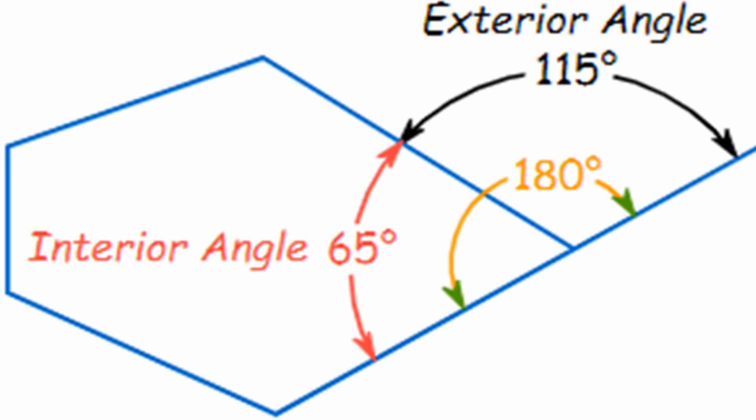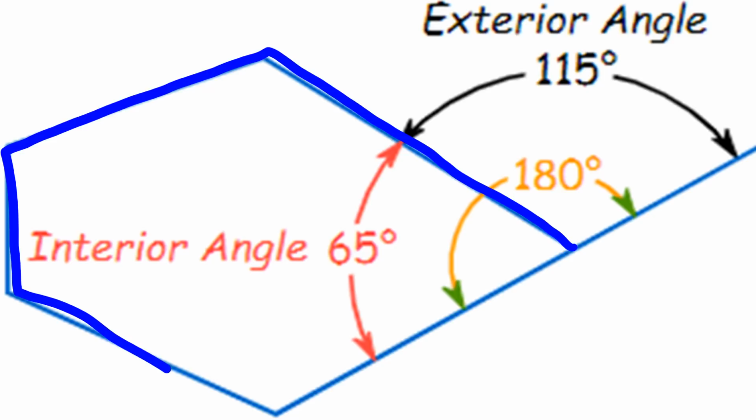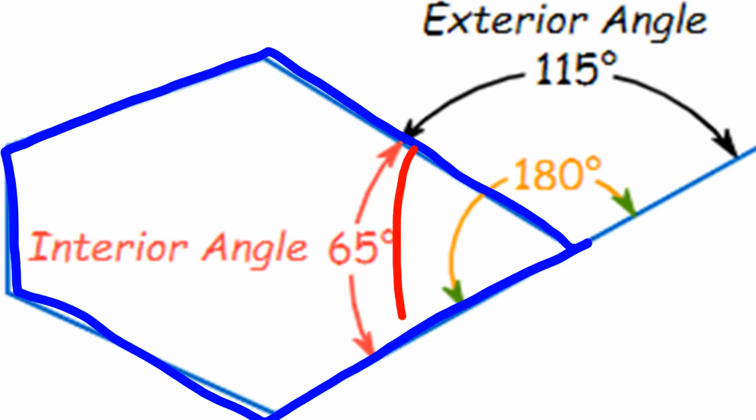Okay, so in this picture that we have on the front of our foldable, you don't have to write this down, I'm just going to explain the visual of what's going on. We have this blue 5-sided figure, so a 5-sided figure is a pentagon, so we have this blue pentagon here, and in the red it's telling me that a 65-degree angle is an example of an interior angle, or one that lies on the inside of my shape.